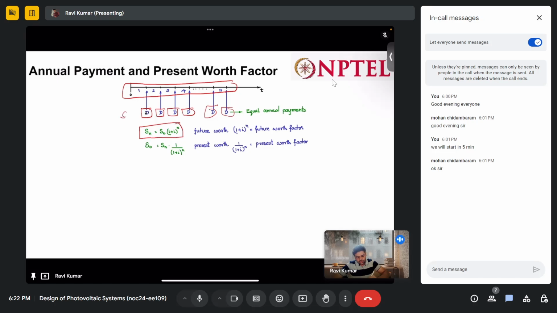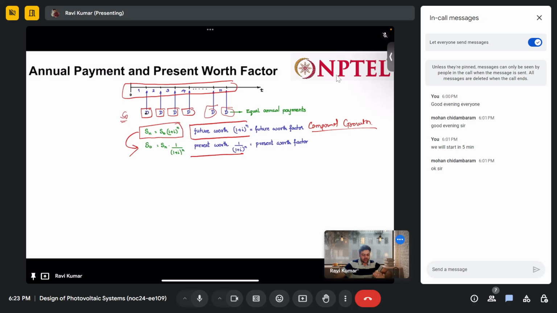S naught is today. This is the amount which will be after the nth year, that is the compound growth. If you rearrange this, we can calculate S naught, that is the today value, present worth. Using this we can have factors like the present worth factor or future worth factor.